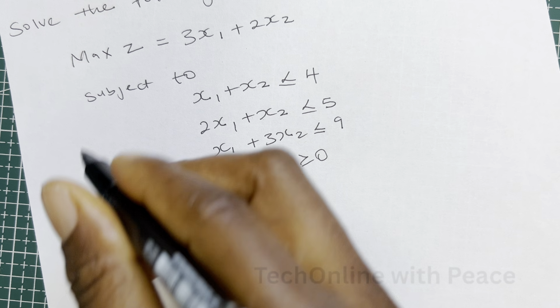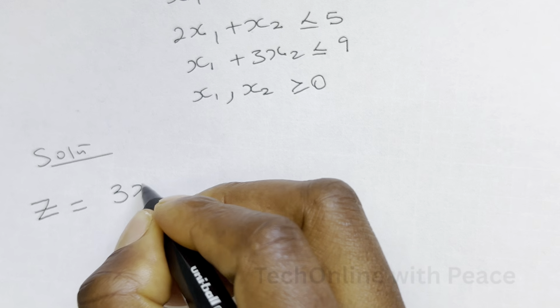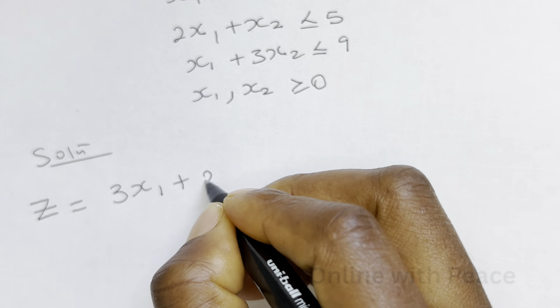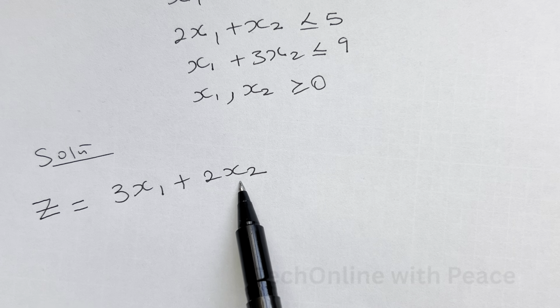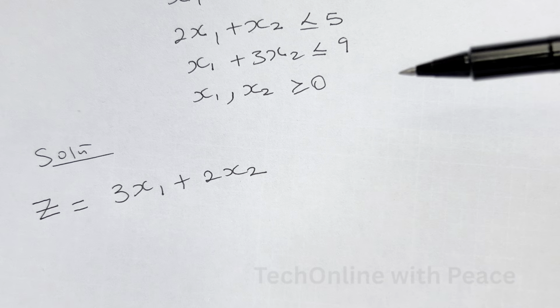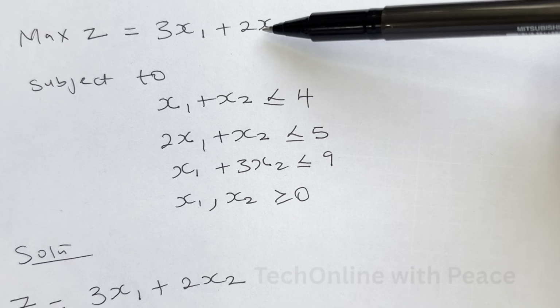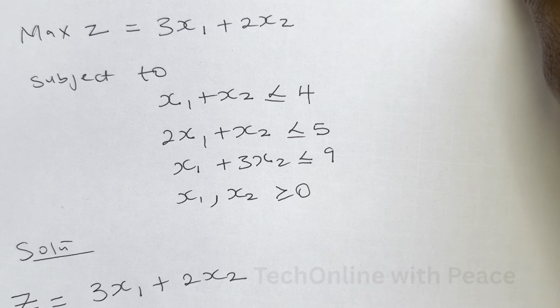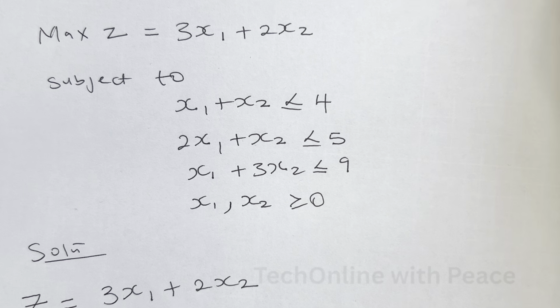We have the question which says z equal to 3x1 plus 2x2. This is our objective function given to us, and as I said, we have 3 constraints. So we are going to add the slack variables to our constraints.